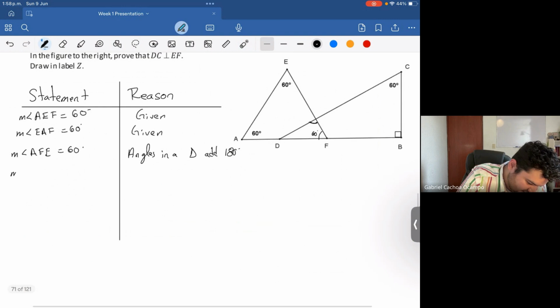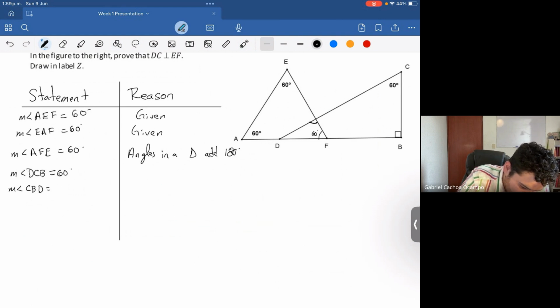Then angle DCB is 60, and angle BDC is 90.